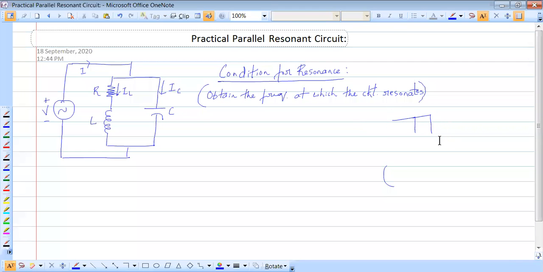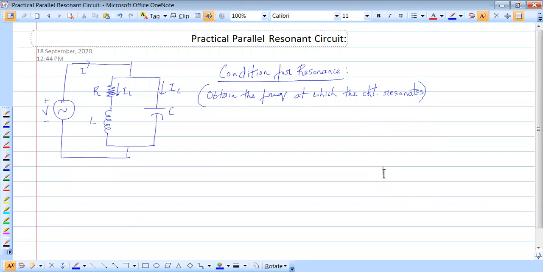What is the concept of duality telling us? It tells us that if you have L, L is replaced by C. If you have C, C is replaced by L in parallel resonance. And in series resonance, if you have R in some equation, that would be replaced by 1 by R. Okay, so we saw some equations also.